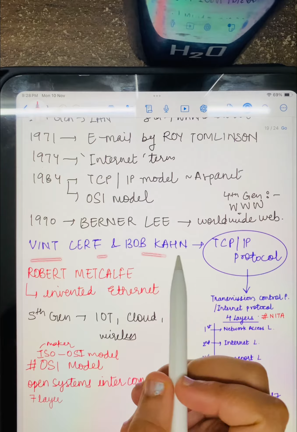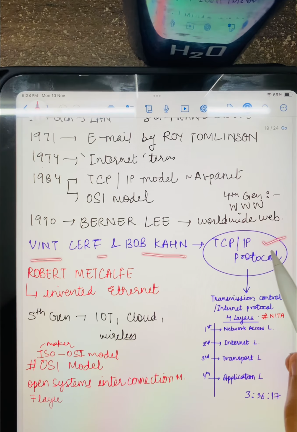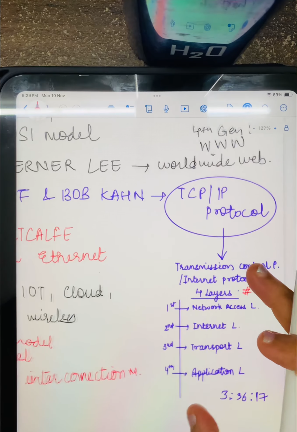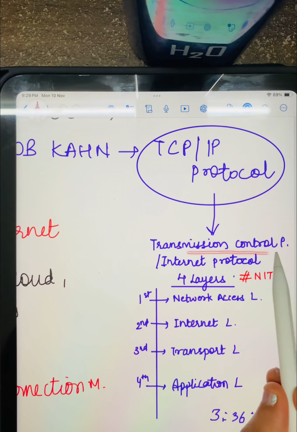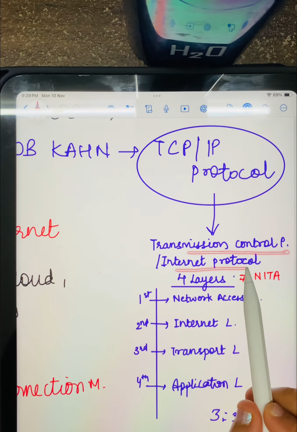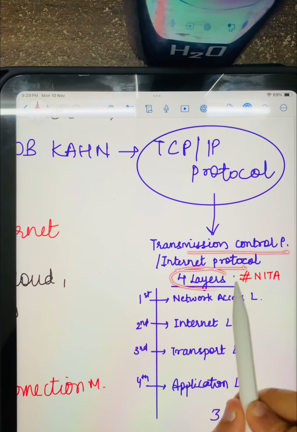Vint Cerf and Bob Kahn introduced the TCP and IP protocols. So let me introduce you to the TCP/IP protocols. It is Transmission Control Protocol or Internet Protocol. It has 4 layers.